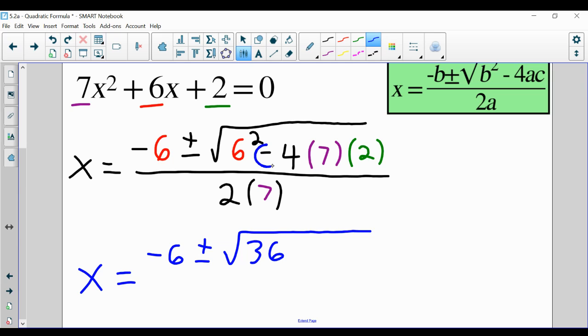I'm looking at this negative sign. That's the only negative of those 4AC terms, so I'm just going to keep that negative there to make it easier for me. And then 4 times 7, that's 28. And then 28 times 2 is 56. And all of this is being divided by 2 times 7, which is 14.